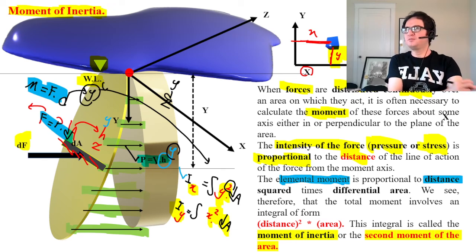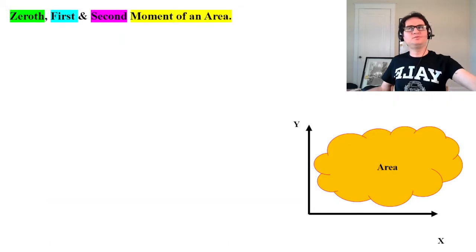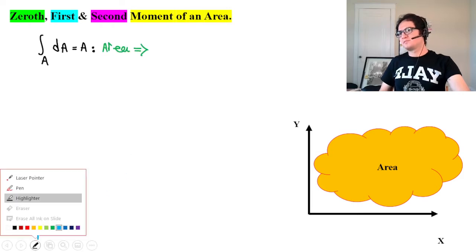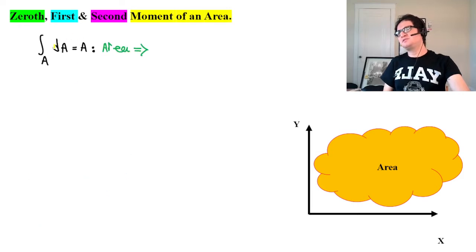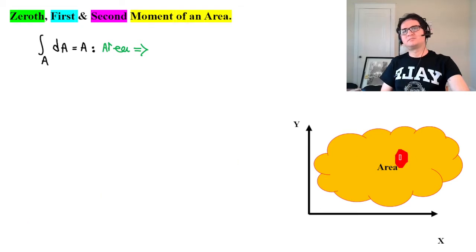That was the story of moment of inertia. Let's go a bit deeper to see the math behind the concept. If we want to define a zeroth, first, and second moment of an area, as you can see here, if you integrate an element dA over the whole entire area, that just gives you the area.